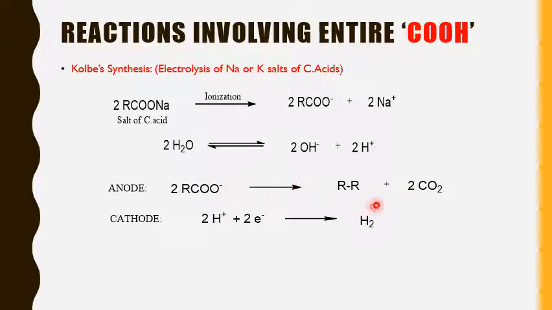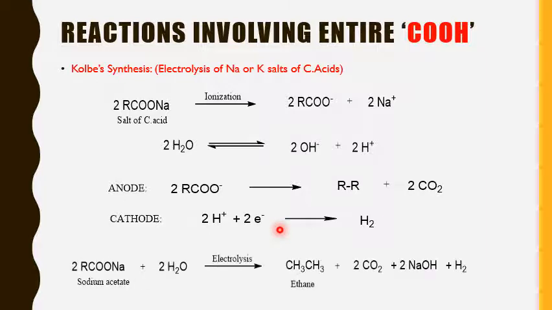It will remove 2 electrons from this, which results in the formation of R-R. The electrons that are removed will come to the cathode, and the H plus ions will grab these electrons and lead to the formation of H2. Therefore our product, an alkane, will be formed at the anode and hydrogen gas is produced at the cathode. Along with the alkane we will have carbon dioxide production at the anode.